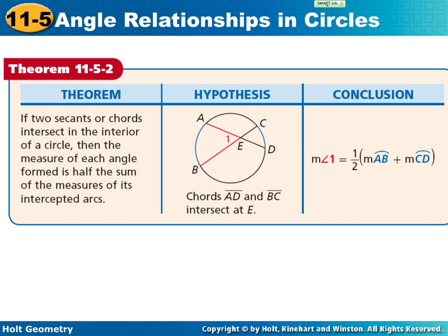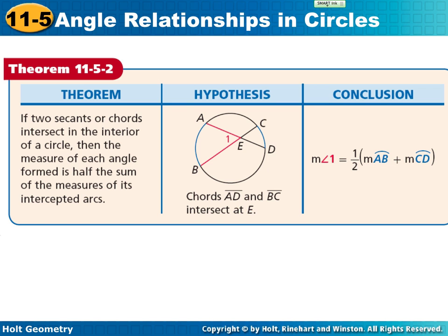Sum means add. So we're going to add two arcs. Which two? For angle 1, it says you're going to add arc AB, which is its intercepted arc, and arc CD, which is inside its vertical angle. So you're going to take those two arcs and really average them together. So add them and divide by 2 to find the measure that's halfway between. And that's what the angle is.